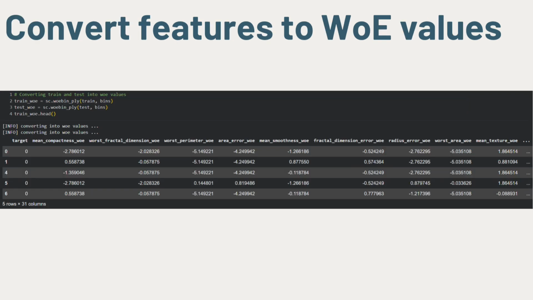We can train a second model, this time using the features with WoE values calculated earlier on. We will use the WoE bin ply function to preprocess the data. This transforms all the raw data of the features into WoE values according to their respective bin ranges for each feature.